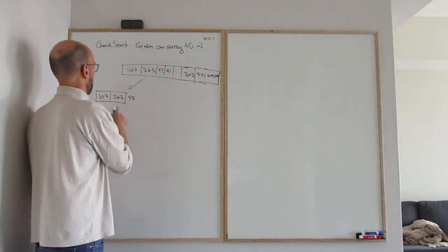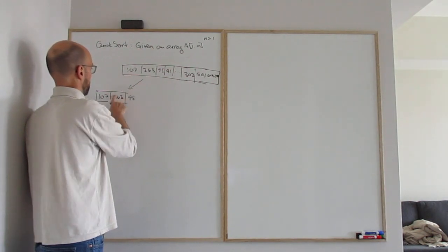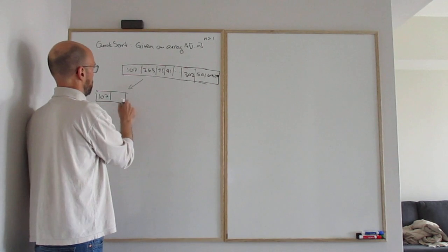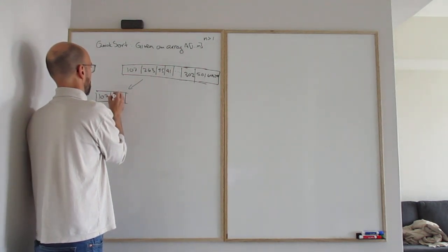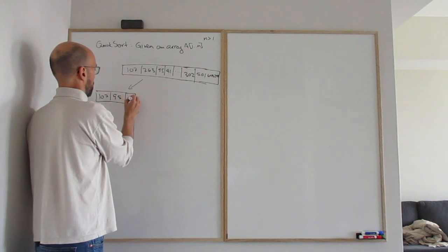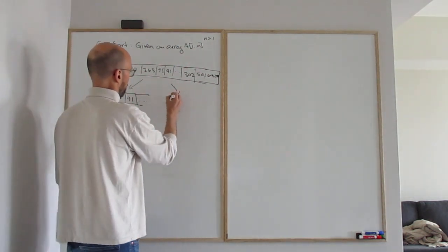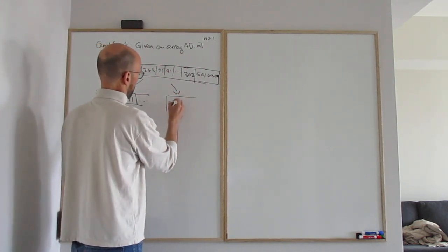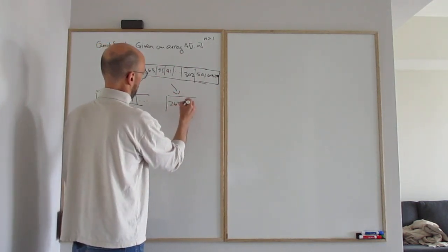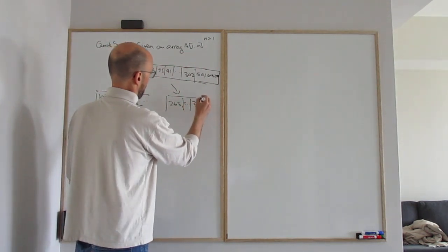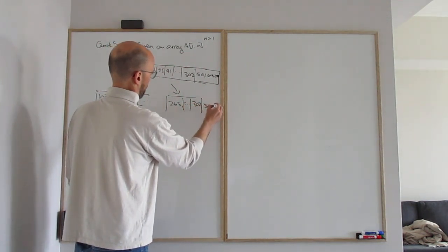Oh no, this is done. Let's say we choose 107, because otherwise it looks like this half is going over here. So we just choose 107, so it's 107 and 95 and 41 and so on and so on. And then over here we get 263 and 302 and 501, blah blah blah.